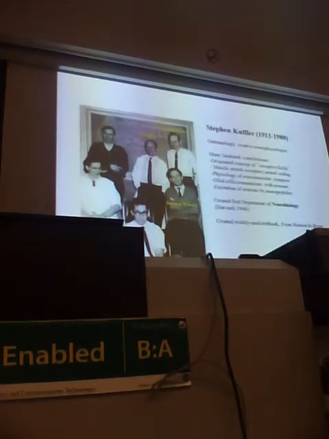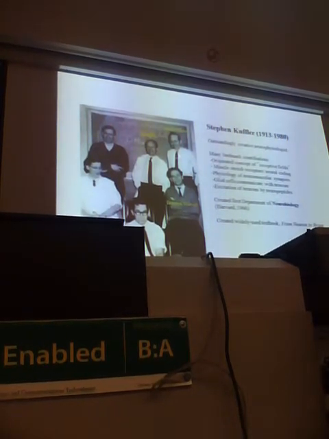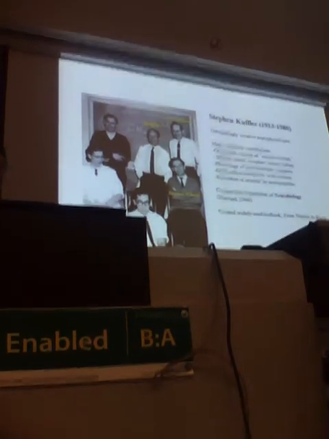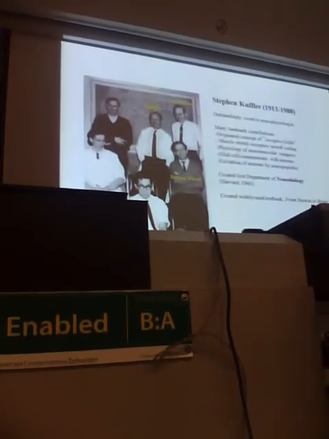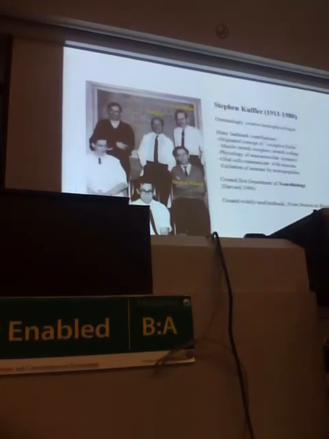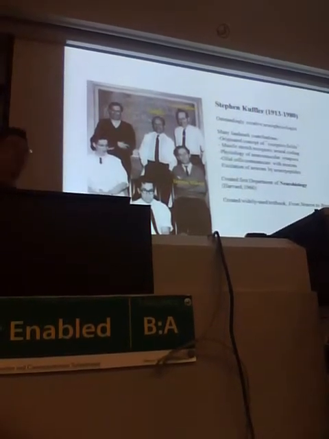This is Steve Kuffler. This is David Hubel. Hubel and Wiesel won Nobel Prizes for their work on the visual cortex in cats and monkeys. Hubel was born in Windsor, Ontario. Moved to the States, where he's been a professor at Harvard's Department of Neurobiology since the 60s.